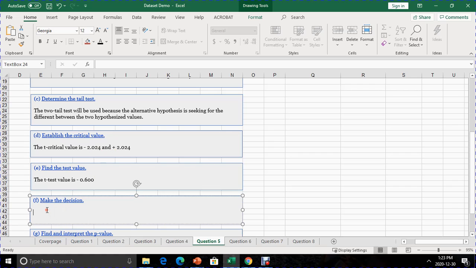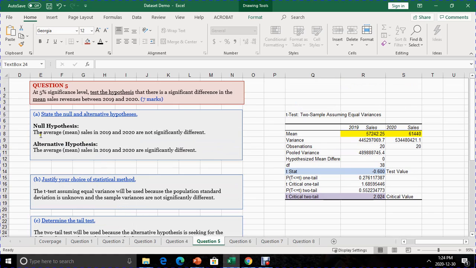In that case, we have to accept the null hypothesis. So the null hypothesis is valid. That means the average sales in 2019 and 2020, when compared, are not significantly different. They're essentially the same.